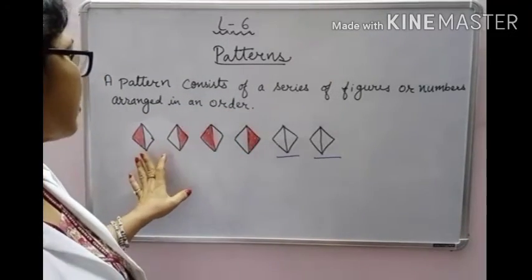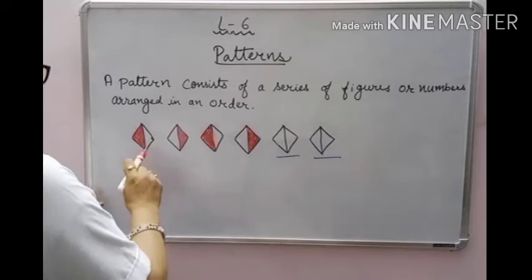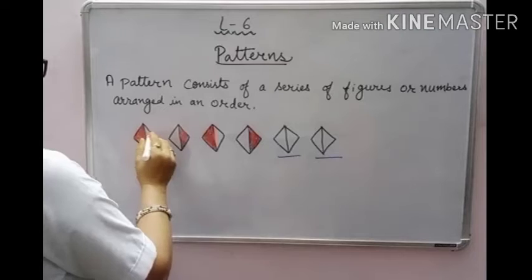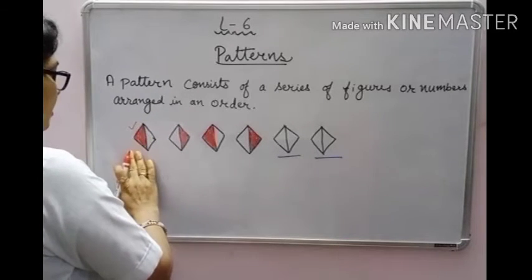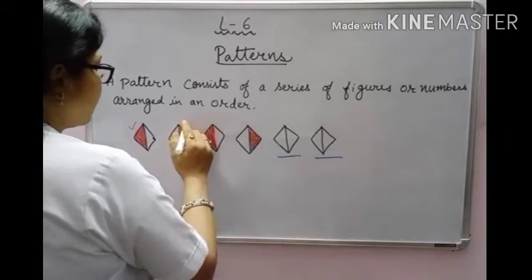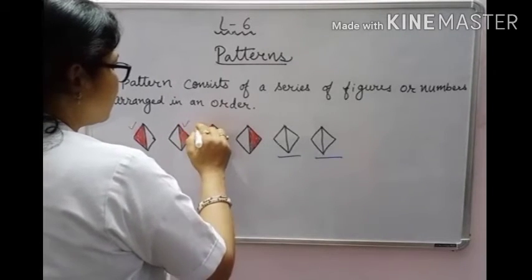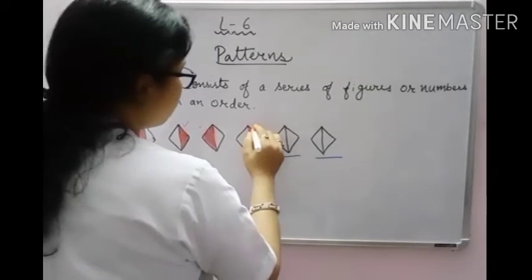Here I have drawn some diagrams. Can you see any difference in them? Yes. In this figure, the red color is on this side. In this figure, the red color is on this side.